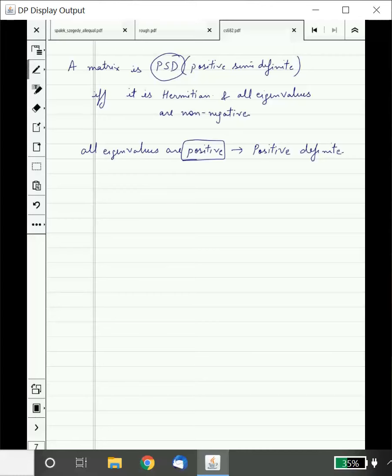In the rest of the video today, we will see multiple characterizations of the same subclass, in the sense that we will see many other definitions, if you wish. The two other definitions are, first, a positive semi-definite matrix is something such that V star M V is greater than or equal to 0 for all vectors V in the vector space.